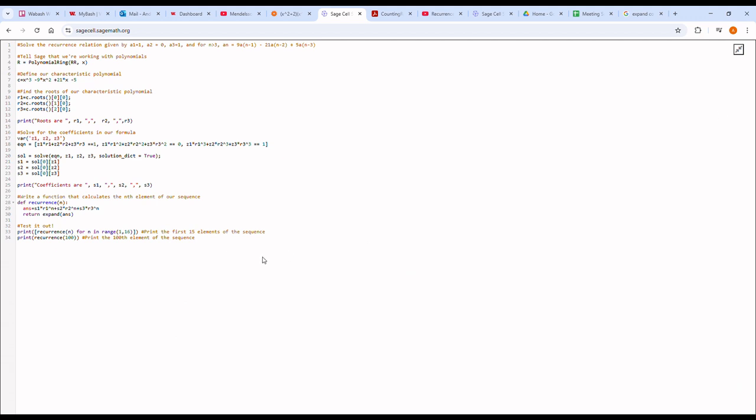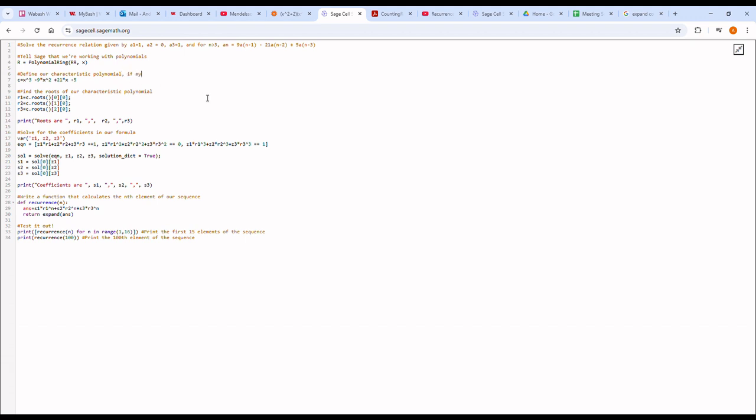And before we go, I want to talk about what you might need to change in this code. First of all, the good bordering on great news is that if you need to change the sequence, if you are changing this recurrence here, what that is going to correspond to is changing the characteristic polynomial.